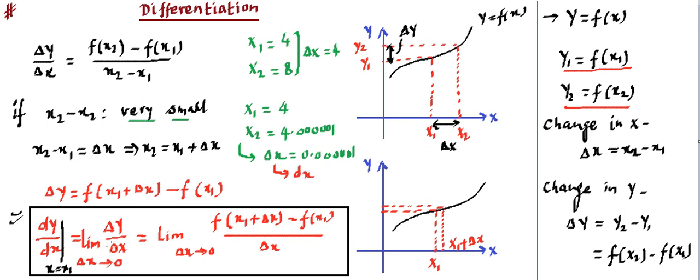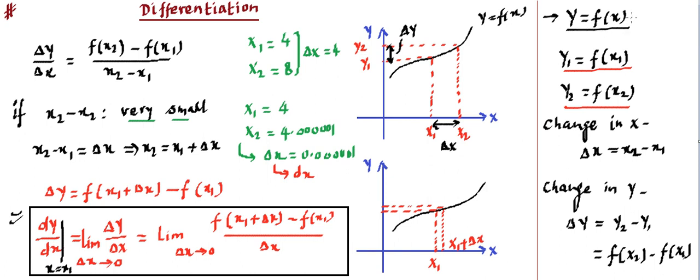Later we will talk about what the physical interpretation of this is and how it is important for us in calculations or in understanding the physics. And before that, we will be talking about how to find this dy upon dx when any function y equal to f of x is known to us.